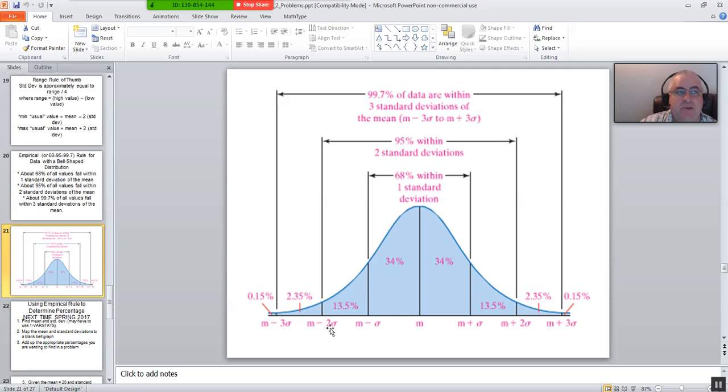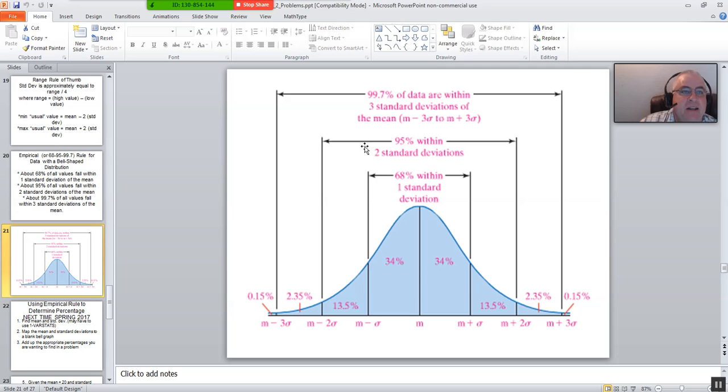Over here is mu minus 2 standard deviations, and here's mu plus 2 standard deviations, and you see it says 95% fall within 2 standard deviations. And then here's mu minus 3 standard deviations, and here's mu plus 3 standard deviations, and it says 99.7% of data fall within 3 standard deviations.